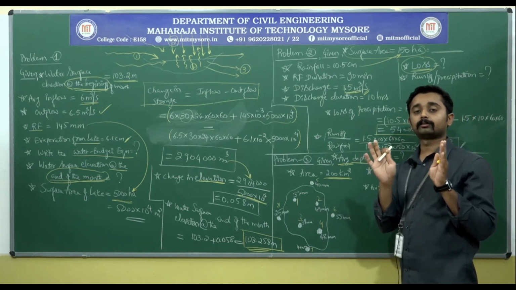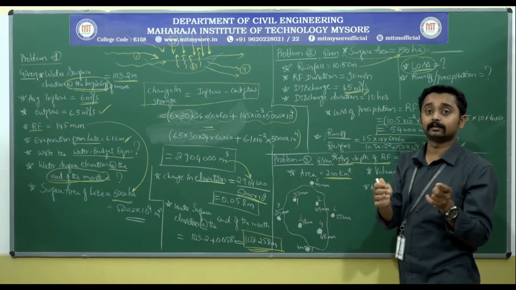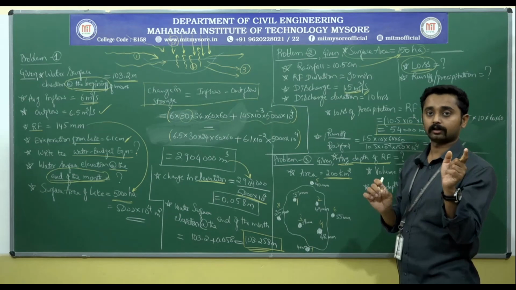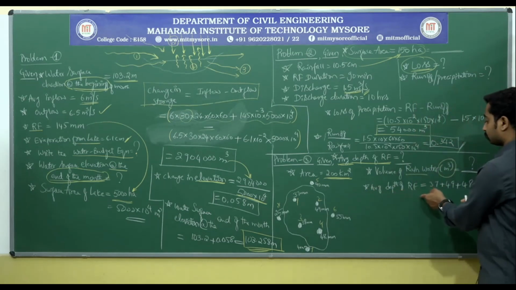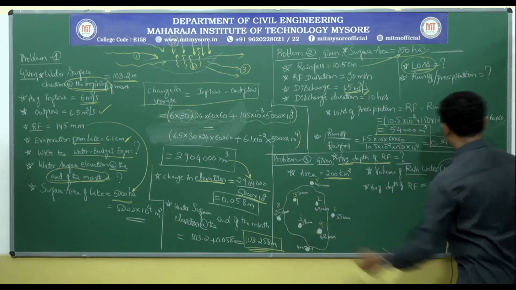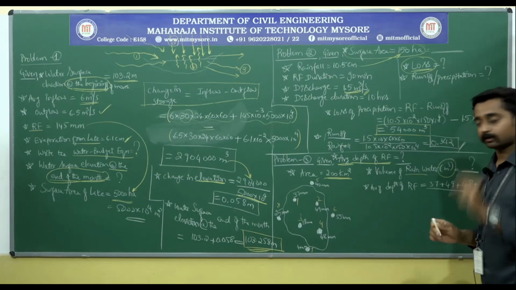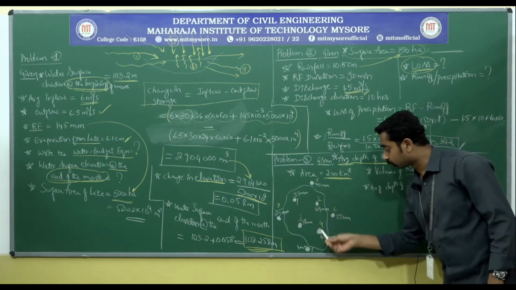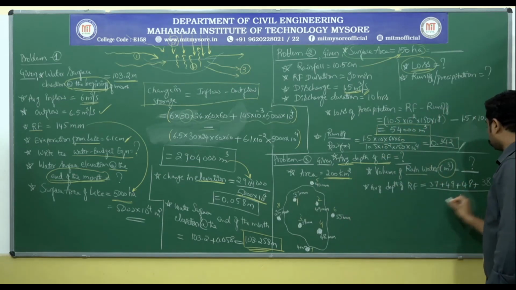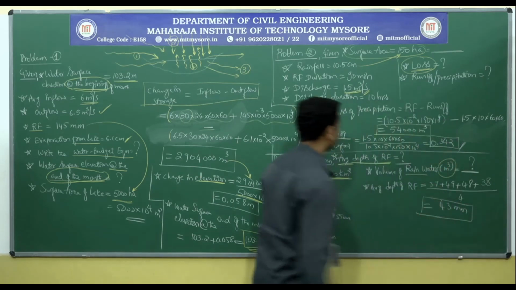Remember the arithmetic mean method: sum of the precipitation divided by n, where n is the number of rain gauge stations. How many to take? Only 4, not 8. So the answer is 43 mm.